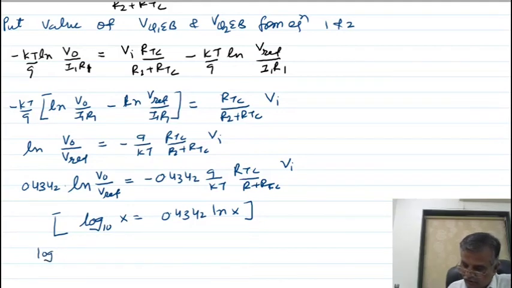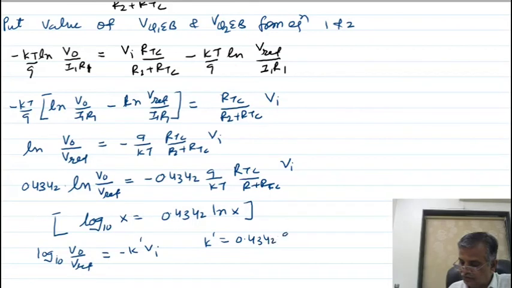Now this can be written as log base 10 Vo upon V reference is equal to, this entire thing I am writing, K dash into Vi, where K dash is nothing but the constant 0.4342 into kT by q into RTC upon R2 plus RTC.